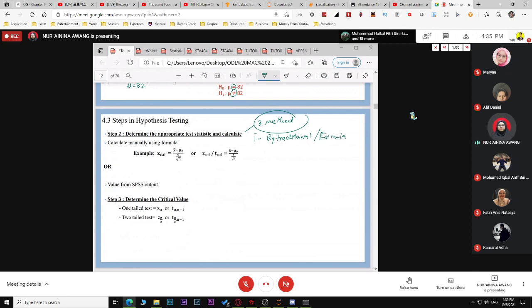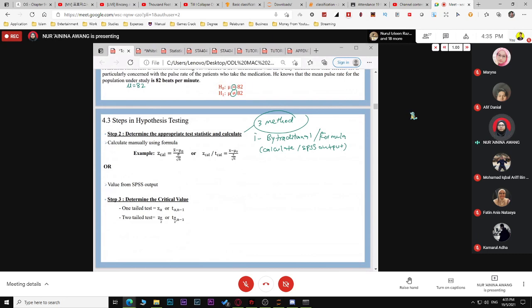Okay, so this value you can calculate or get from your SPSS output. Okay, you can get the value either manually calculate the value or you can get from the SPSS output. If the question do not give SPSS output, so you need to calculate manually.